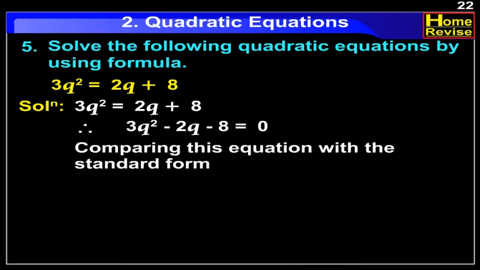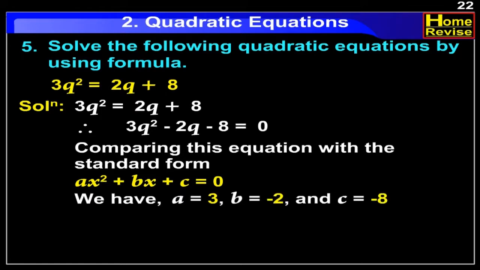Comparing this equation with the standard form ax² + bx + c = 0, we have a = 3, b = -2 and c = -8.